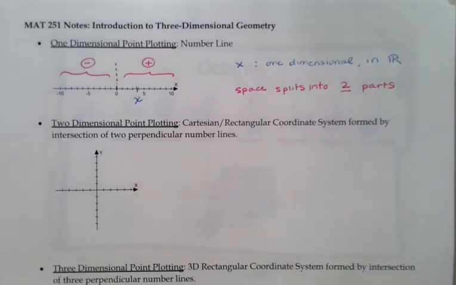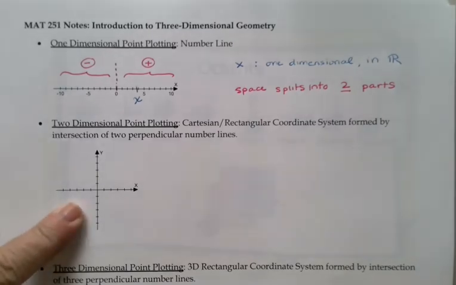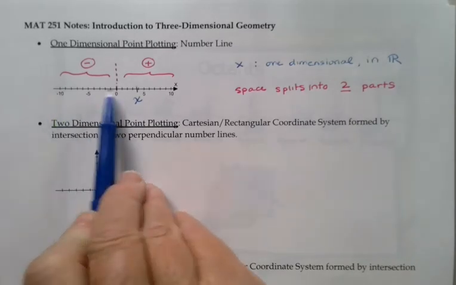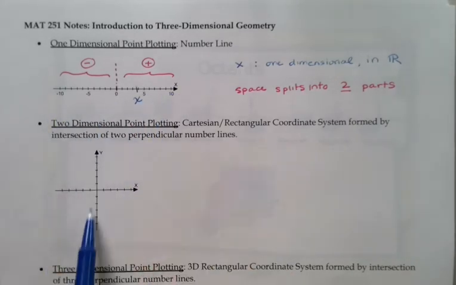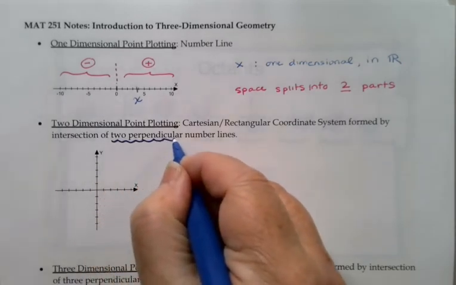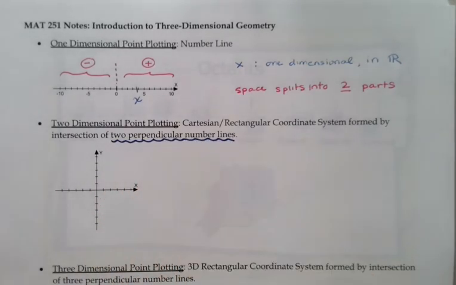All right, let's next kick ourselves up a few years into maybe middle school or so when we first started looking at plotting two-dimensional points. We now have a Cartesian or rectangular coordinate system. And we get that by taking not just one number line, but two number lines, right? Specifically, two perpendicular number lines.